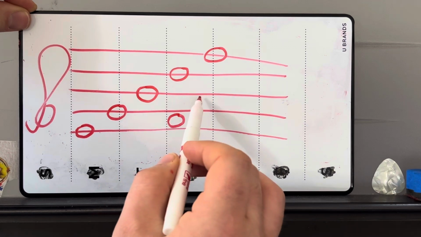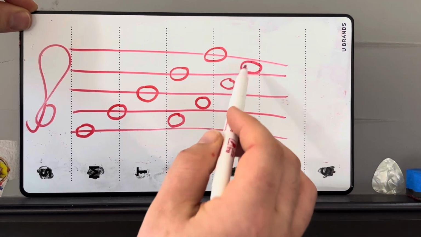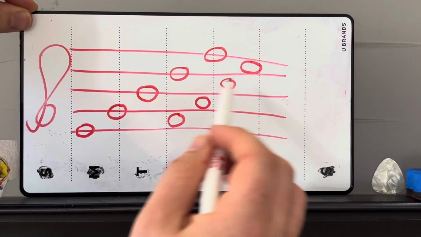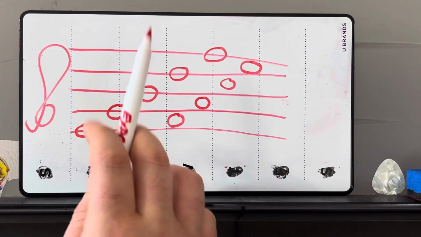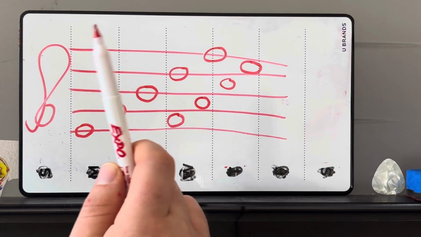F is the first space, A, second space, C, and lastly, E, face. F, A, C, and E. Okay, so that's how you use the sentence and word to remember the treble clef, line, and space notes.